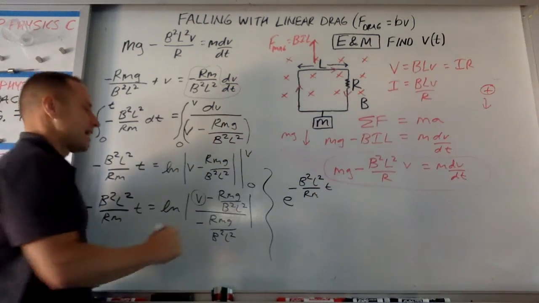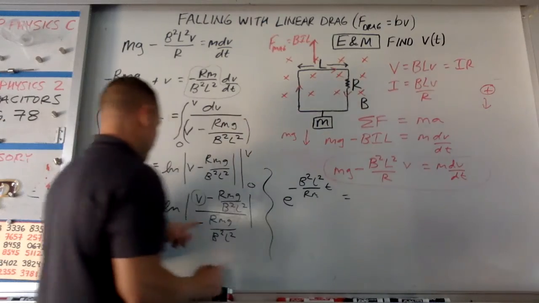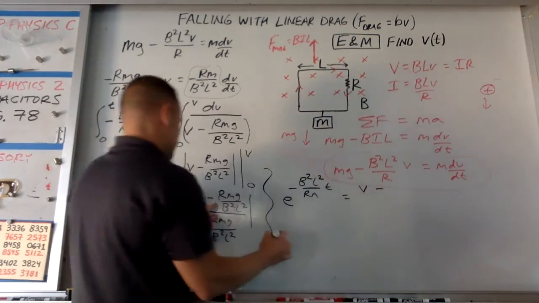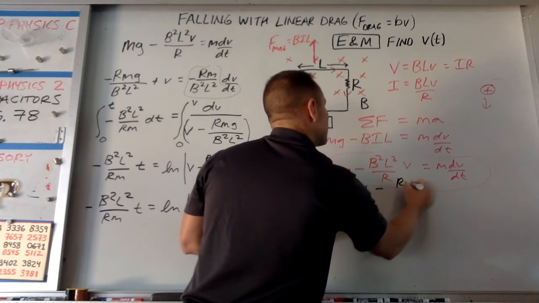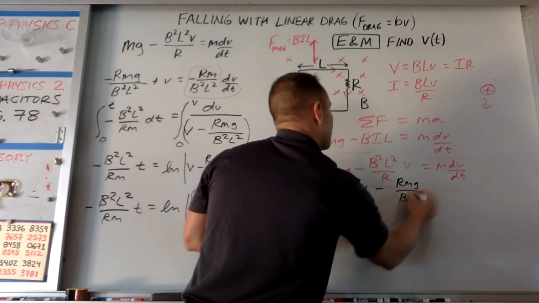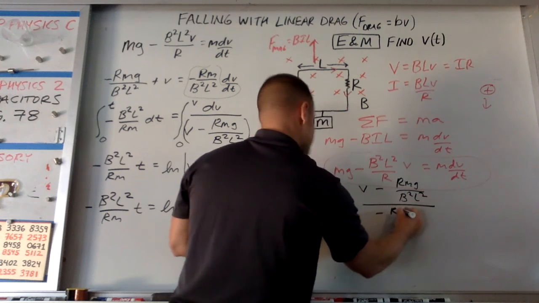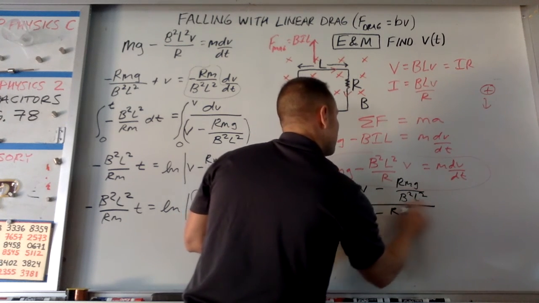So that's on that side, equaling all this junk without the ln. So you get v minus Rmg over b squared L squared over that minus Rmg over b squared L squared.